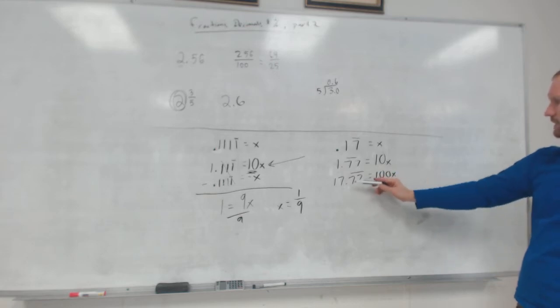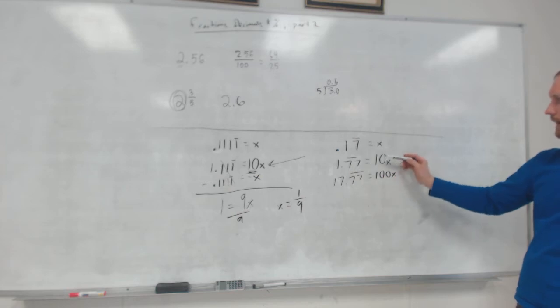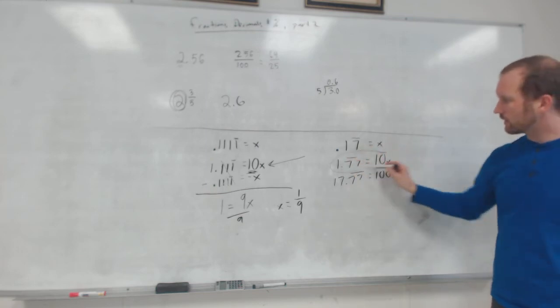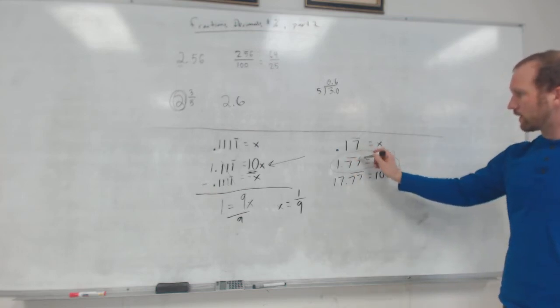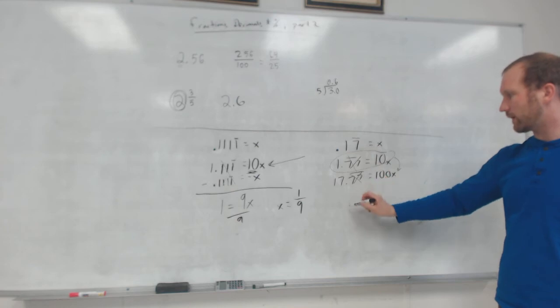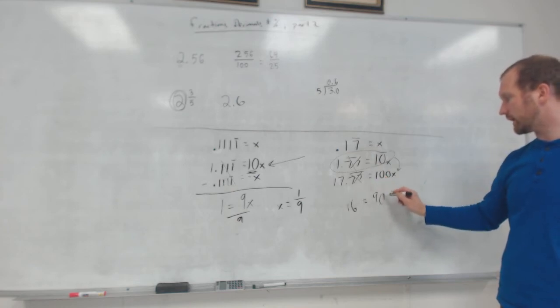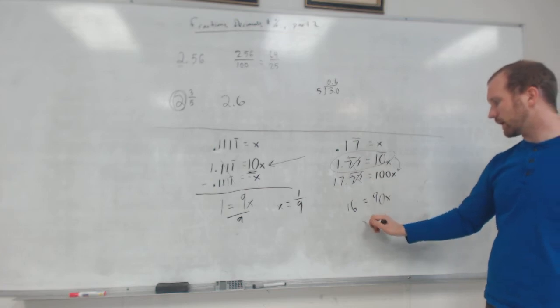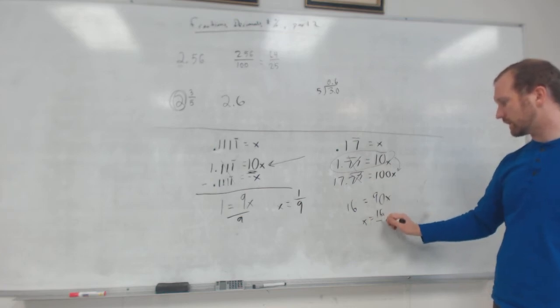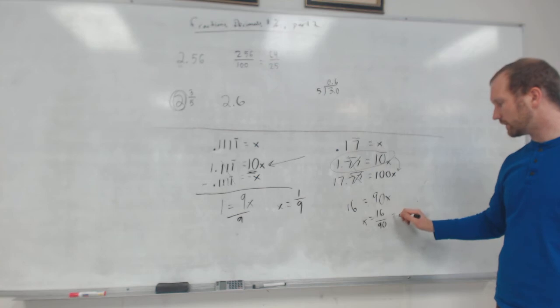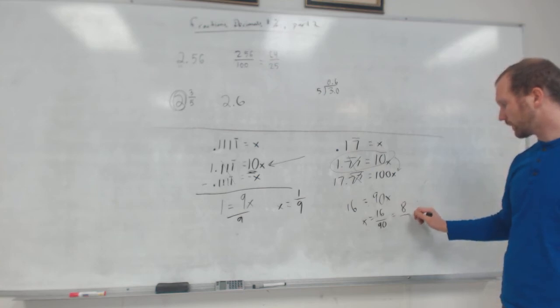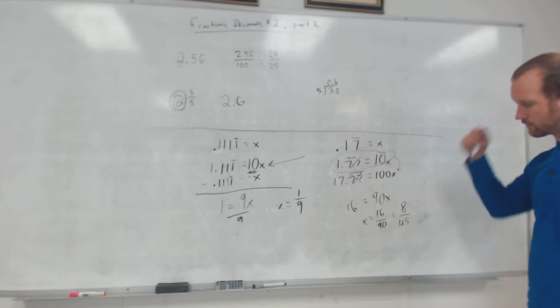If 100x equals 17.777 and 10x equals 1.777, I could subtract this from this, and all these 7s would cancel out, and I would have 16 equals 90x, or x equals 16 over 90, or 8 over 45.